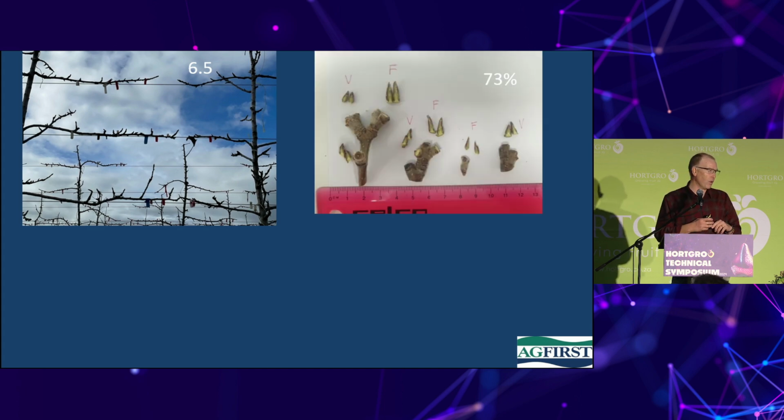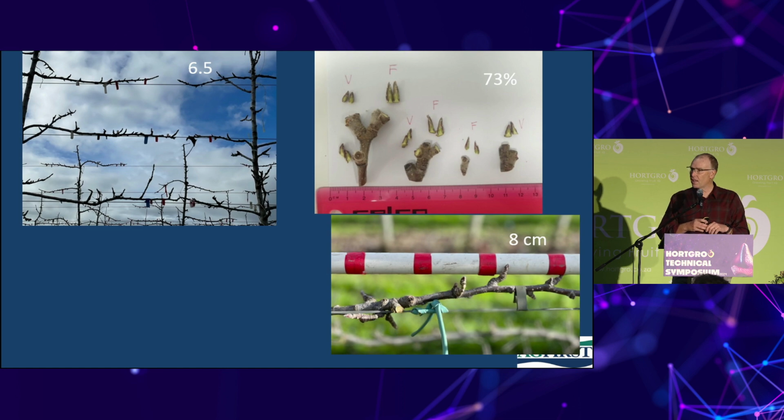I start doing floral counts on the buds, and I work out where my floral bud number is. I then can look at a section of wood and work out my pruning regime. My pruning regime can be down to saying I want 1 bud per 8 centimetres to give me my 400,000 apples a hectare. So I can take 100 hectares down to managing in an 8 centimetre segment.